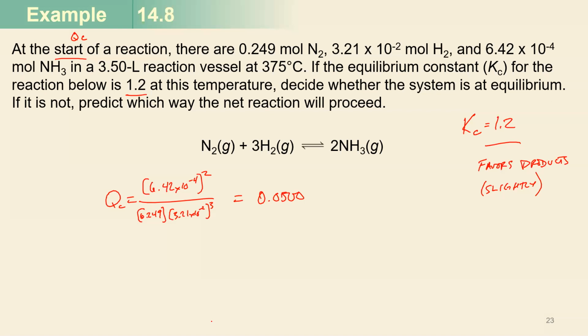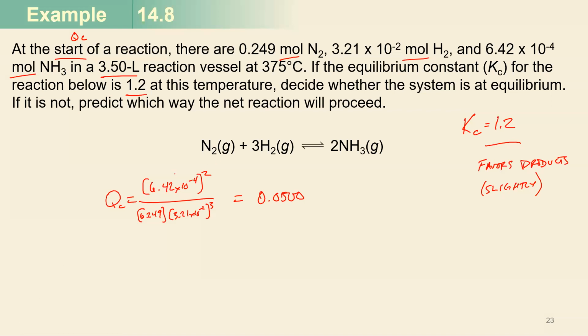Dr. Davis, I have a question. Yes. Do you have to make these into concentrations since they're in moles? Yes, you do. Thank you. That's what I forgot to do. Excellent. Yeah, so good point. Here we have moles and we have volume. And so we need to turn these into molarities.